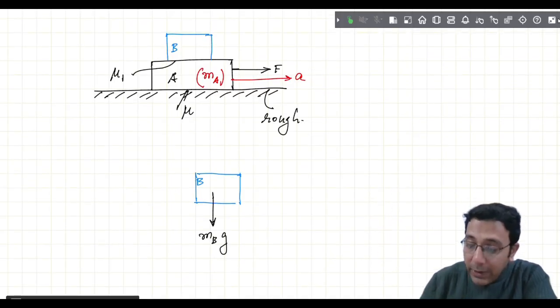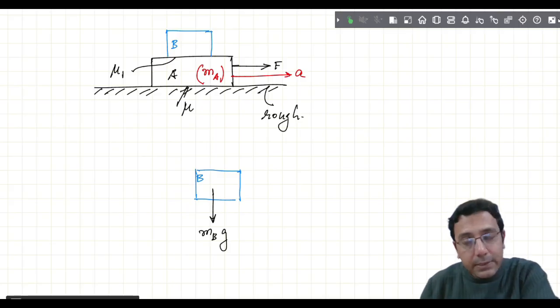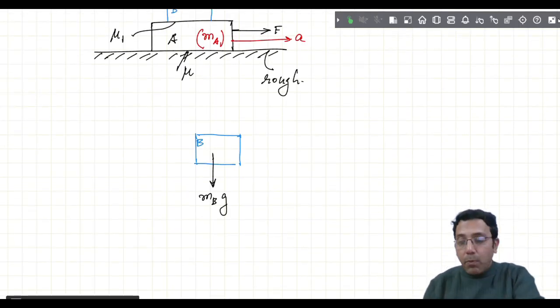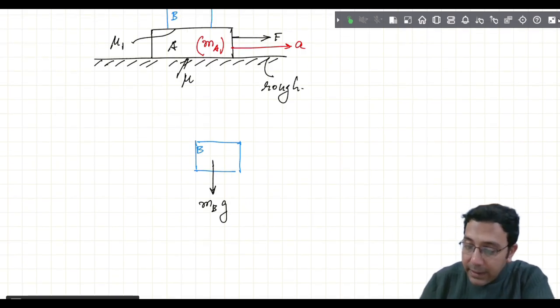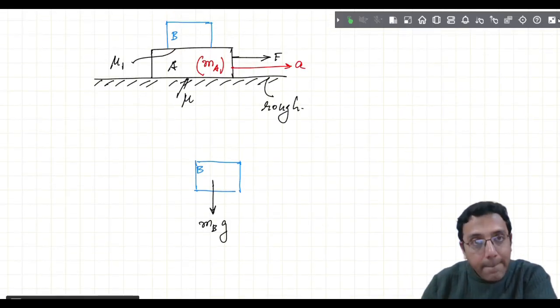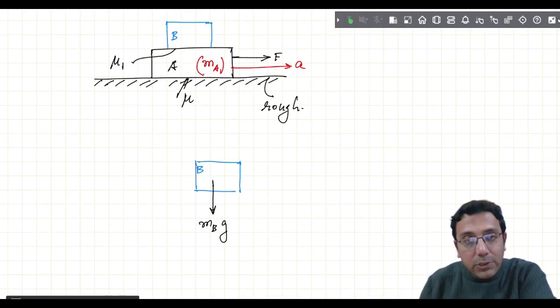Now in which direction will the friction force act? Body B is also accelerating to the right. There is a force acting on body A, so in which direction will the friction force act on body B?